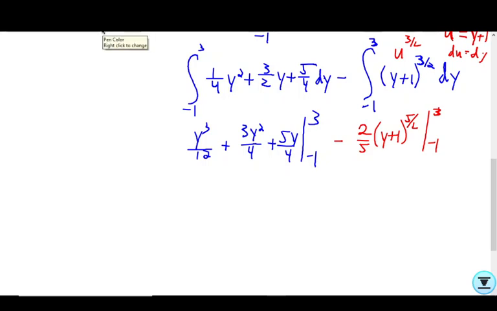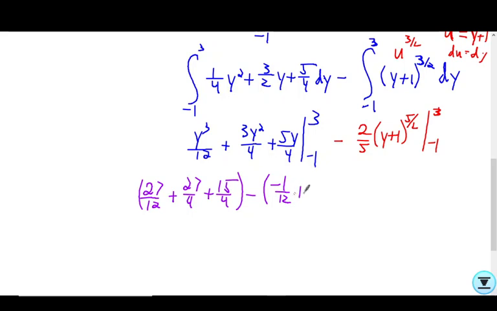So here we go. Plug in 3 here, so we get 27 over 12 plus 27 over 4 plus 15 over 4 minus (-1 over 12 plus 3/4 minus 5/4), minus, and then this is the second part, you're going to get 2/5 times 4 to the 5/2 minus 0.